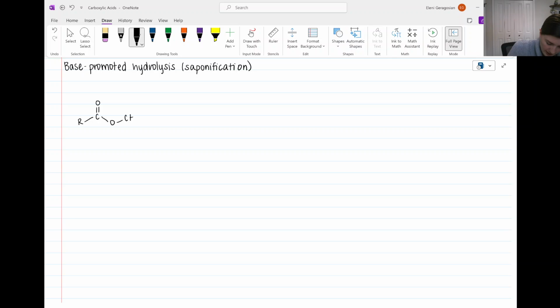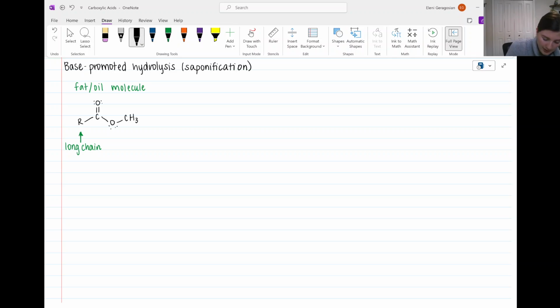And we'll have an ester with a methyl group bonded to that oxygen. But we start with a fat or oil molecule, which means this R group is a long chain. I'll show you a specific example in a little bit.